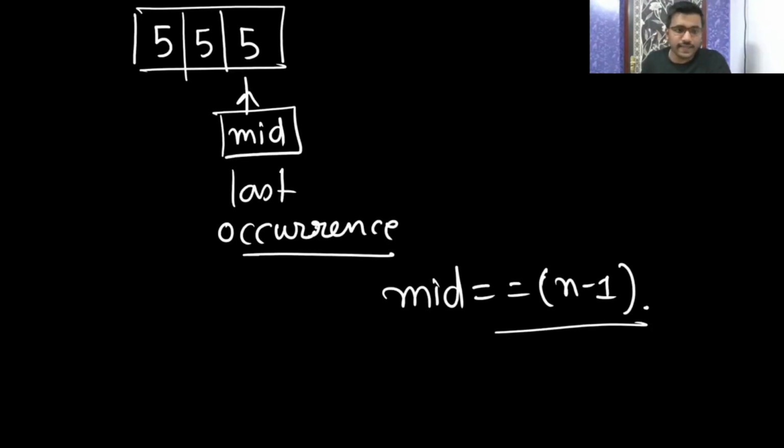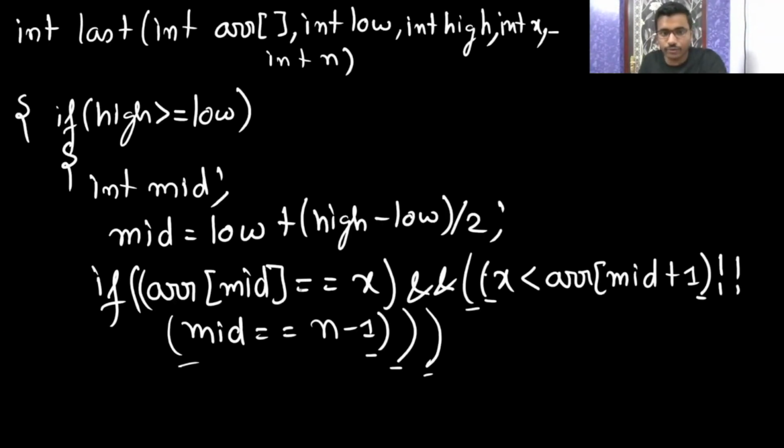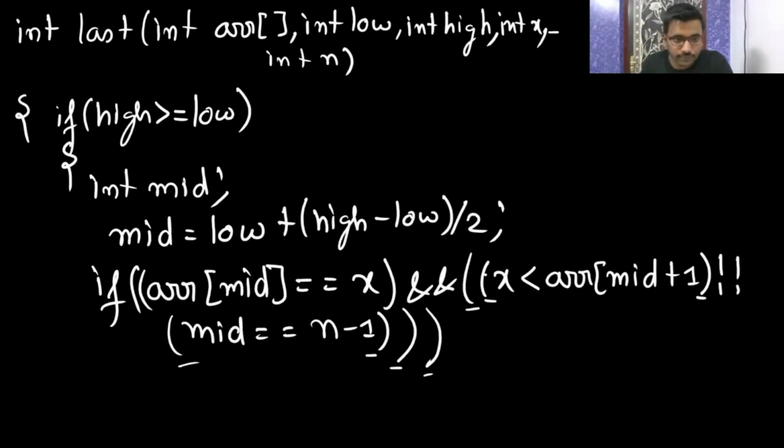Now let me erase this. If this is the case, then we have to return mid. We got the index and even the last occurrence.